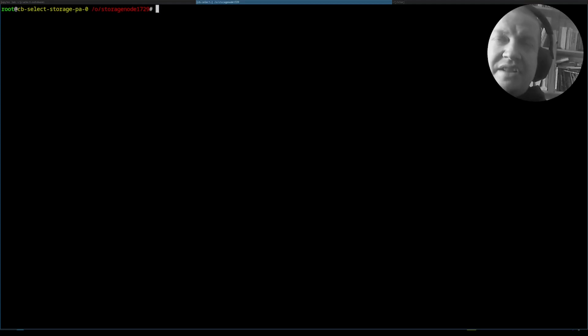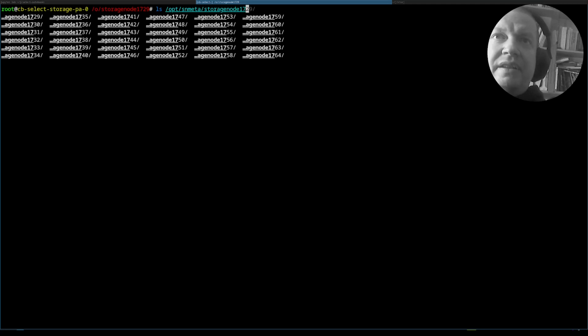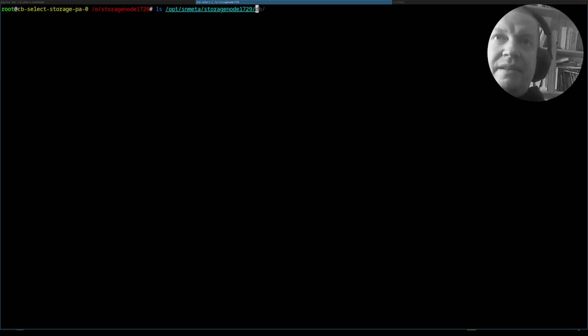So in hashstore, we have some metadata. It's kind of a database. In this particular storage node, it's on an SSD, so it's in a different directory. Here I have multiple directories.